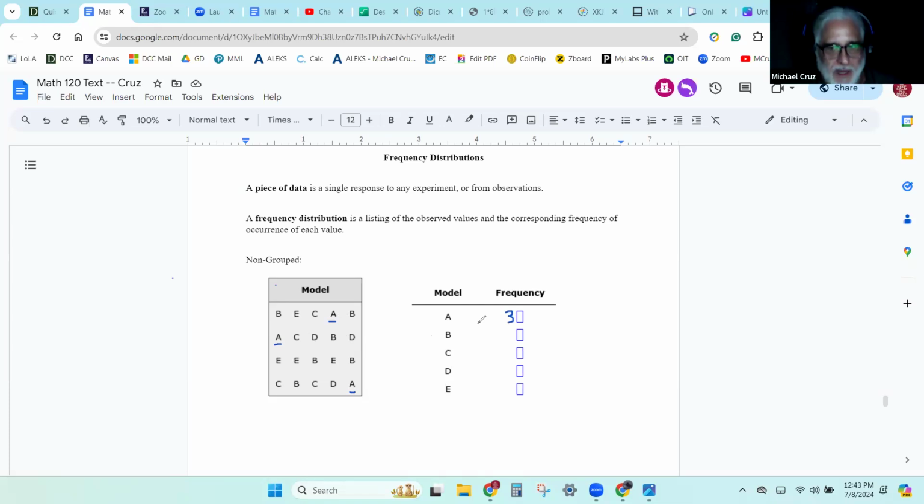So now, instead of having 3 A's running around in the wild, we have them put into our frequency distribution so that we know at a glance that there are 3 A's. B, so 1, 2, 3, 4, 5, and 6. So 6.